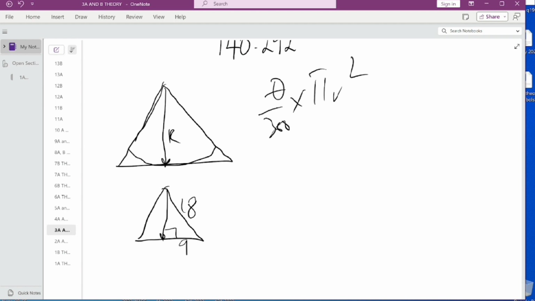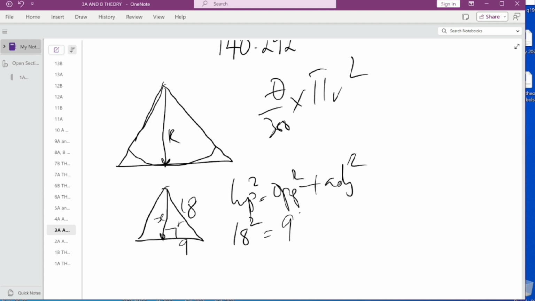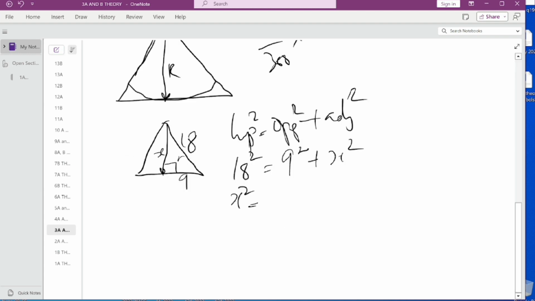This is a right angle triangle. Then we can find our radius using Pythagoras theorem, which says hypotenuse squared equals opposite squared plus adjacent squared. Our hypotenuse, facing the 90 degree angle, is 18. So 18 squared equals 9 squared plus x squared. X squared equals 18 squared minus 9 squared.